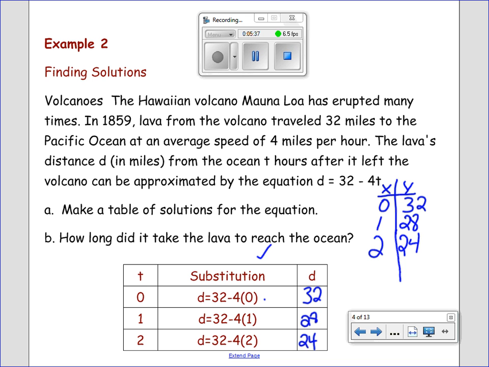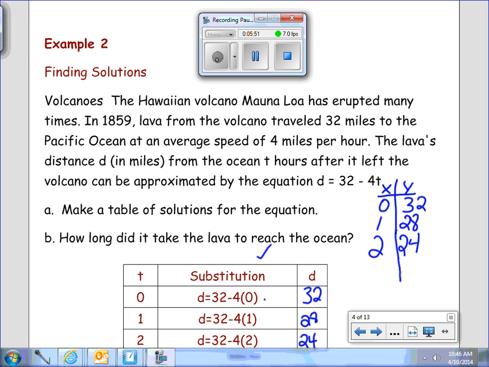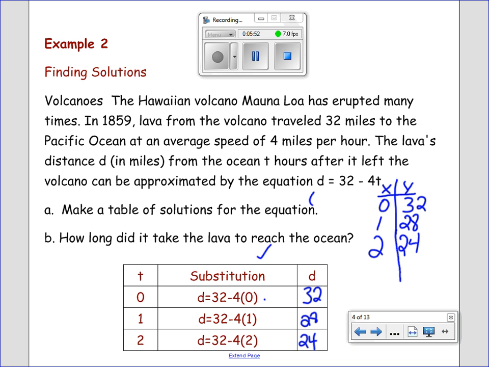So A, it asks us to make a table of the solutions for the equation. Now, from this table, you can see we have the x and the y values, the ordered pairs. So we can set them up in ordered pairs. So my ordered pairs are (0, 32), (1, 28), (2, 24).